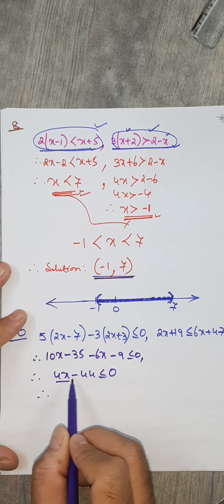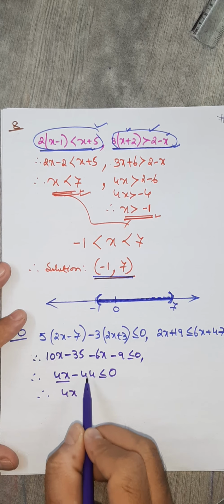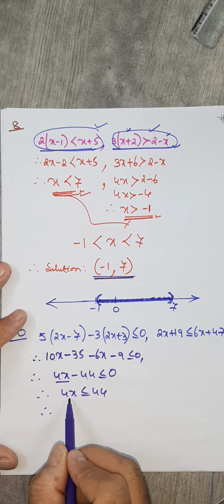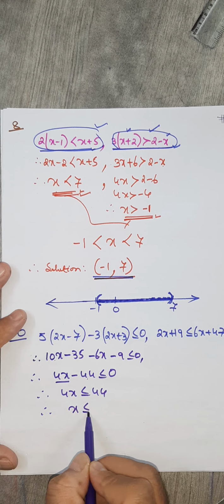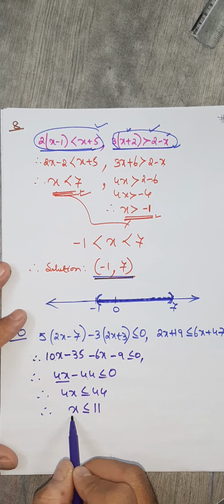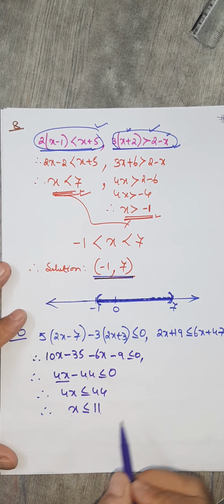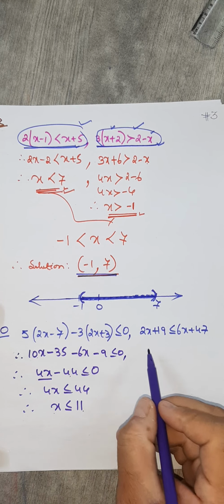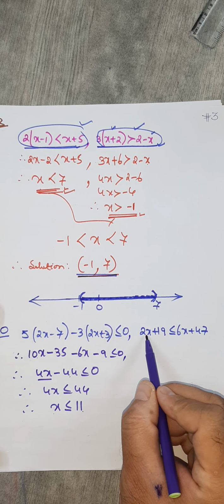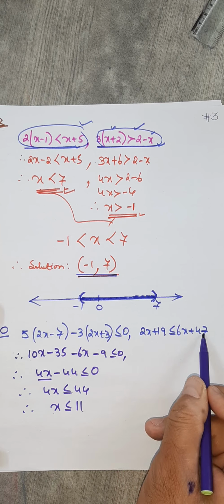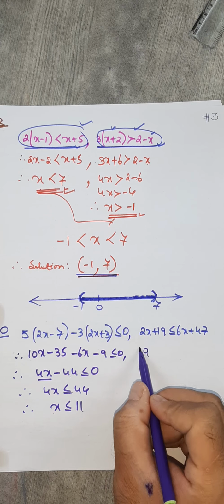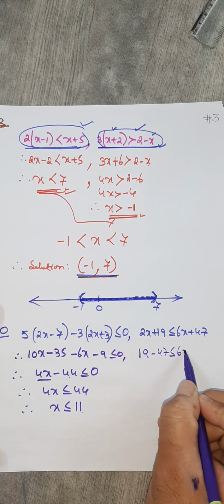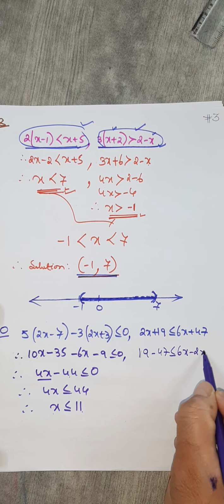I need x only, so I'll take 44 on the other side. So plus 44, dividing by 4. You are dividing by positive numbers, so the inequality remains the same, so 11. So x is less than or equal to 11 for the first one. What about the second one? Here I'll take 2x on that side and 47 on this side. So 19 minus 47 is less than or equal to 6x minus 2x.